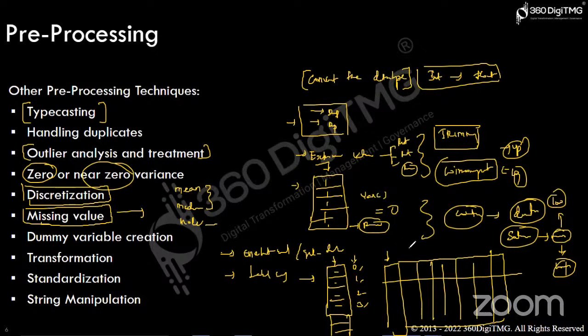Maybe like blue, green, red, yellow, something like that. If I have that value, it will be represented as one, or if I do not have the value, it will be represented as zero. So it will be created into a binary matrix with one and zero values. This is nothing but the dummy variable creation.